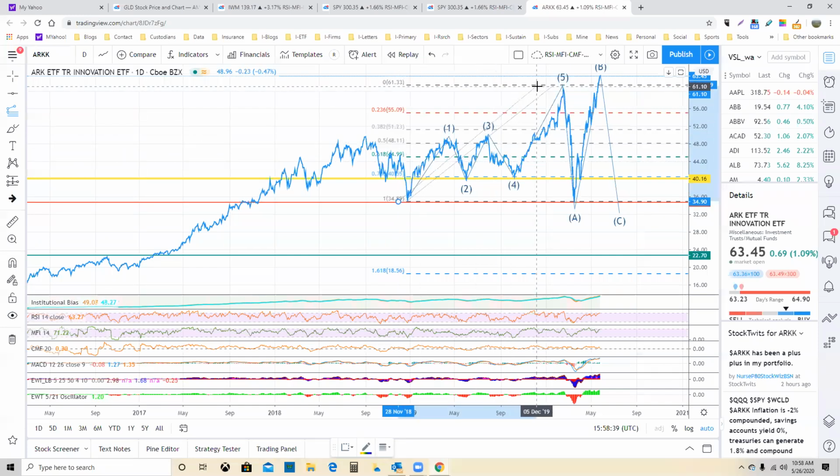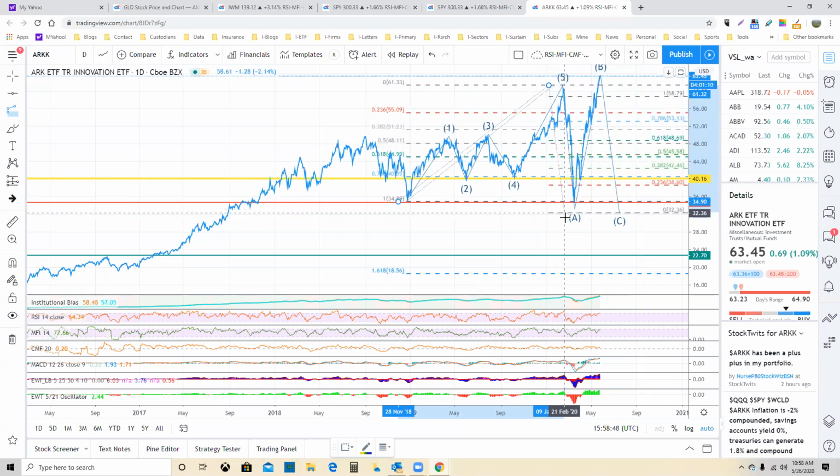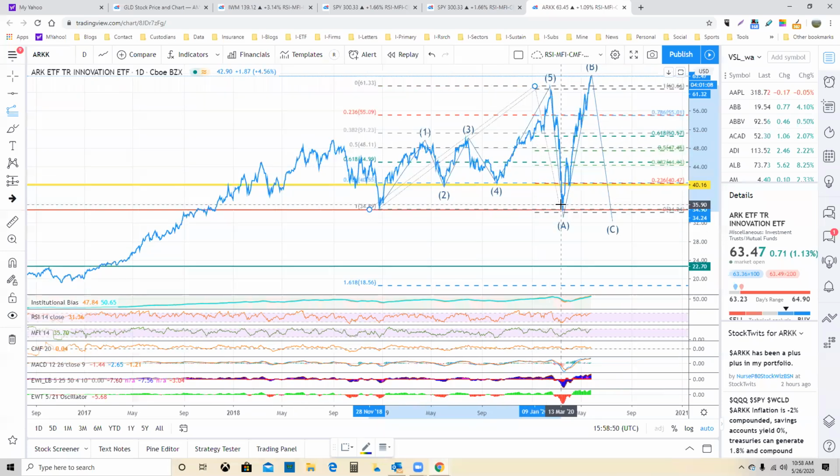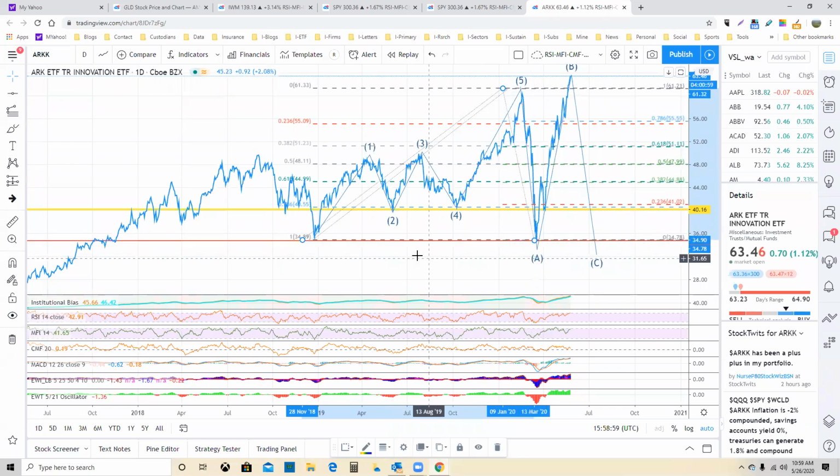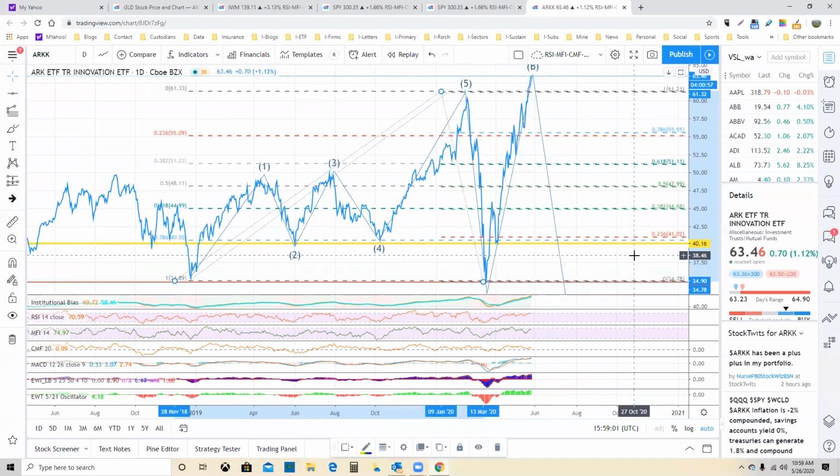There. To the low, which is, wow, I hit right on the fib. All right, so this one's playing right on the fibs.